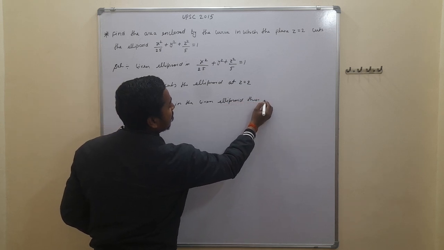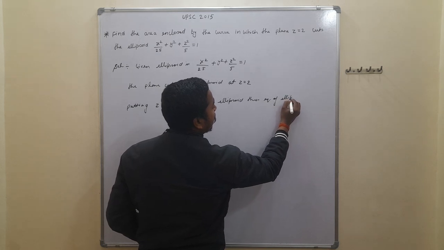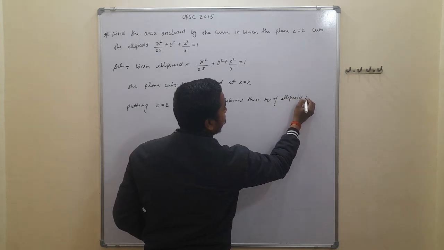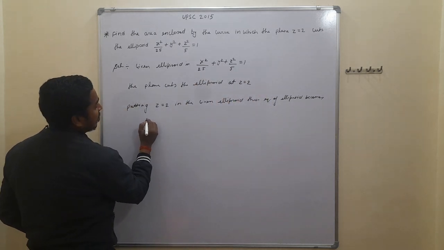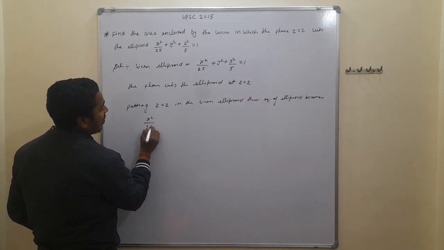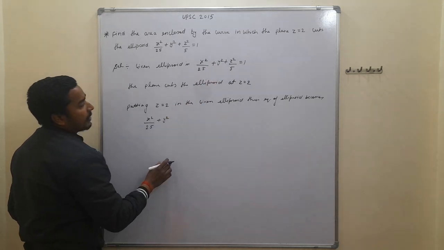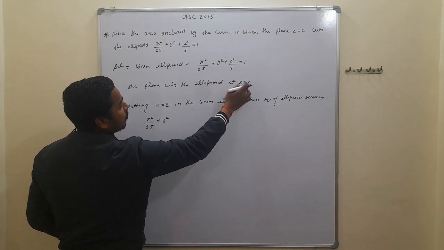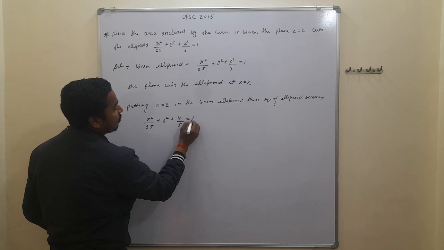Then the equation becomes x square upon 25 plus y square, and in place of z square we put 2 squared, that is 4, upon 5 is equal to 1.